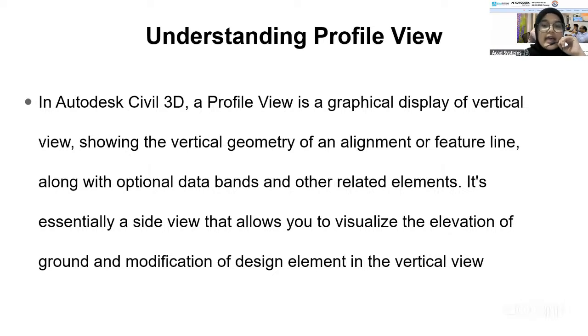You can also add other related items, let's say the elevation of the pipe and so on. So it's essentially a side view that allows you to visualize the elevation of the ground. If you want to create an existing ground view or the finished ground view, you can also do it in the profile view. And you can modify the design element in the vertical profile view.